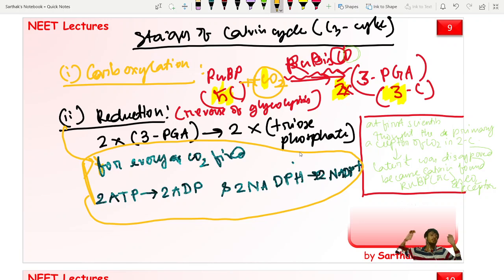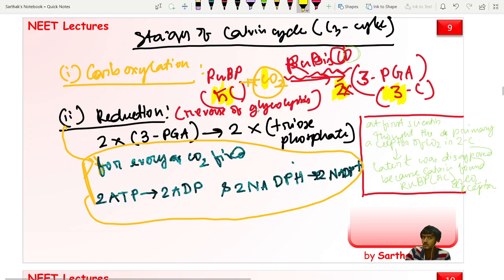If you have a good memory, I have taught that this C3 cycle is basically a biosynthetic phase, and biosynthetic phase means we are using the products of light reactions here. So what are the products of light reactions?